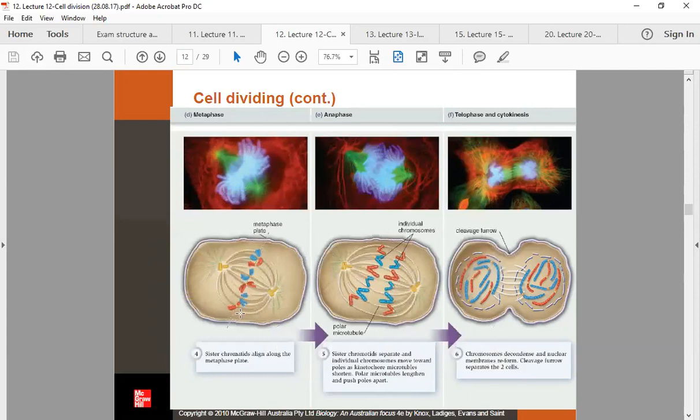They're aligning along something, a region that's referred to as something. They're aligning along the metaphase plate, correct. Yep, so this middle region here of the mitotic spindle. All right, next part of mitosis, anaphase, the most dramatic part of mitosis. And what's the major event here in anaphase?